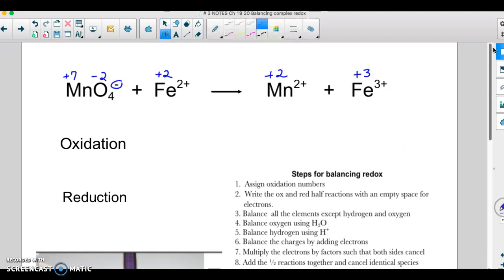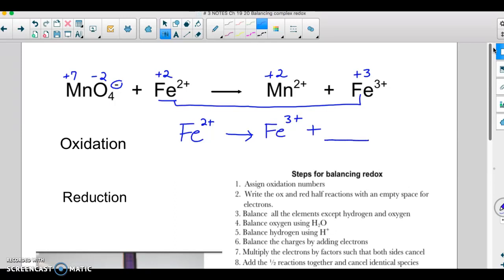So I know that this iron here becomes oxidized and loses an electron. So I'm going to write Fe2+ is going to become Fe3+ plus some amount of electrons, and we're going to leave that blank.